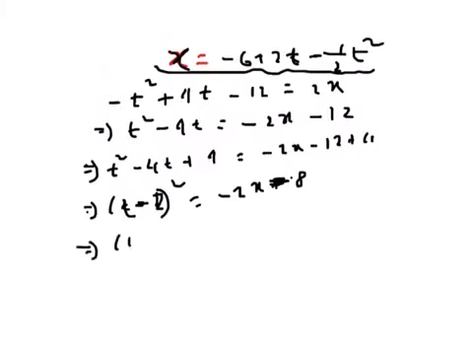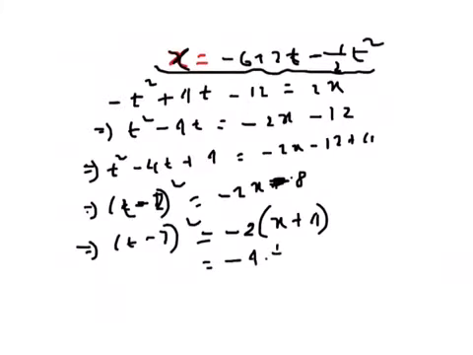So t minus 2 minus 2x plus 4, and then we can write minus 4 half x plus 4. So basically this one we need to find the focus, which we don't need really. We just need to find this one, which is 2.